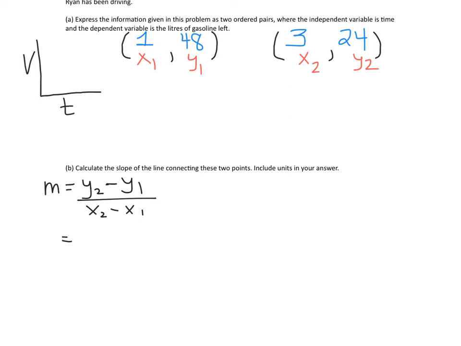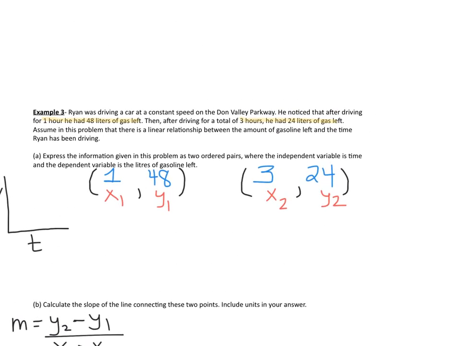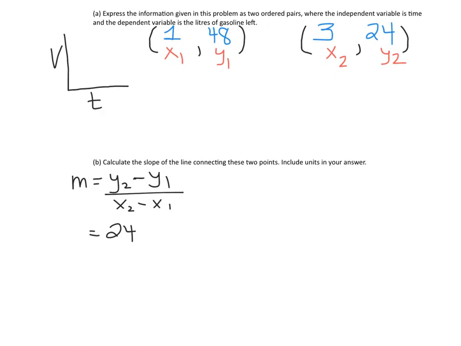So my y2 value is 24, and now remember, 24 was a measurement of gasoline, and they tell us in the question that we have 24 liters of gas. So I'm going to go back to my formula, and I'm going to input a capital L for liters. From that, we're going to subtract our y1 value, which was the 48 liters of gas. So I'm going to put in a capital L for liters. All of that is going to get divided by our x2 and x1 values.